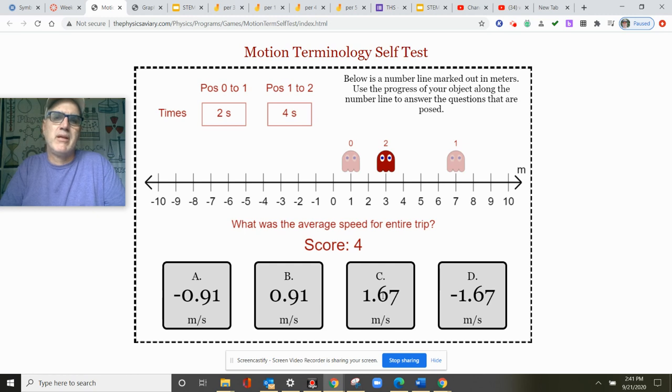It is. Great. The average speed for the whole trip will be our whole distance for the whole trip. So for the whole trip, I went 1, 2, 3, 4, 5, 6, 7, 8, 9, 10.